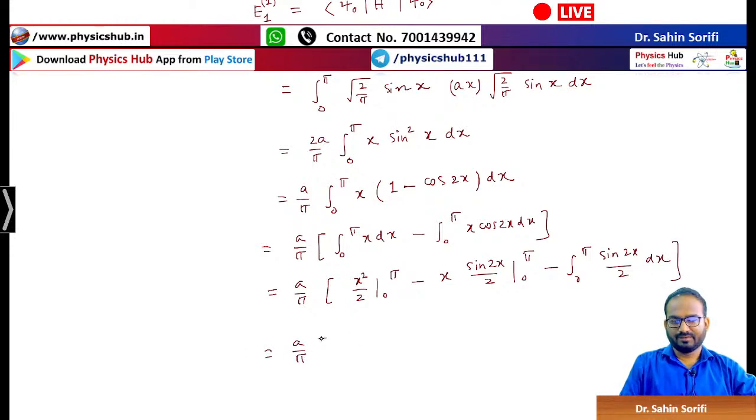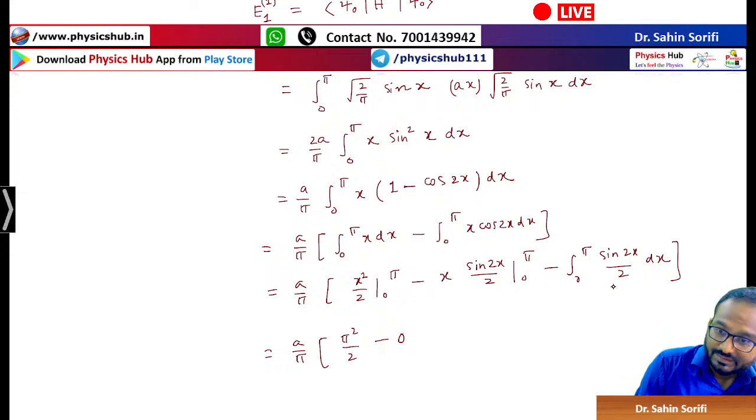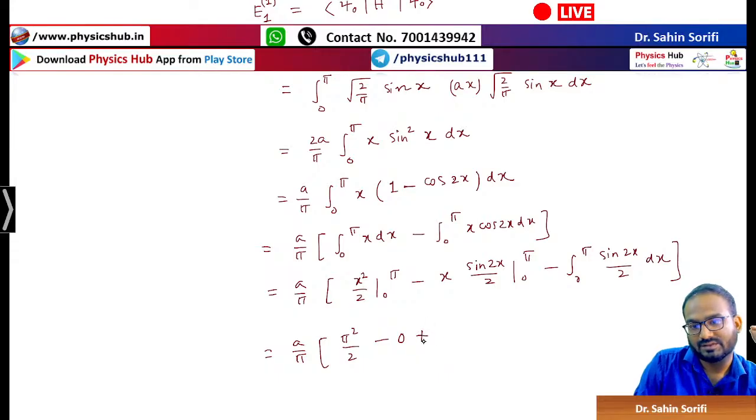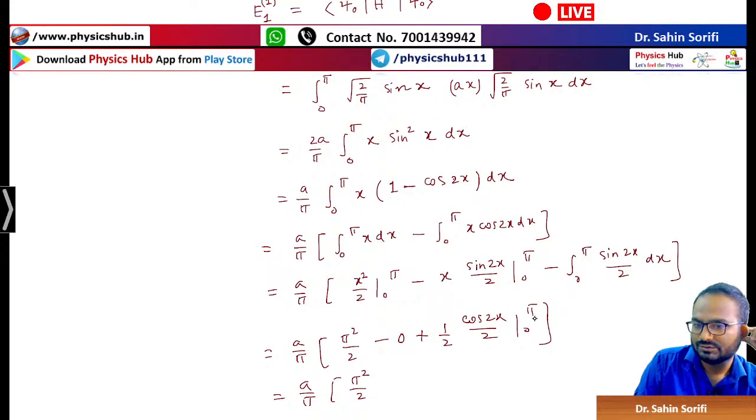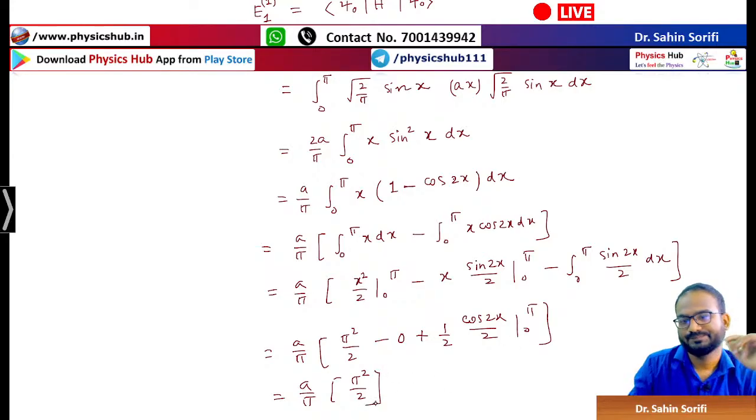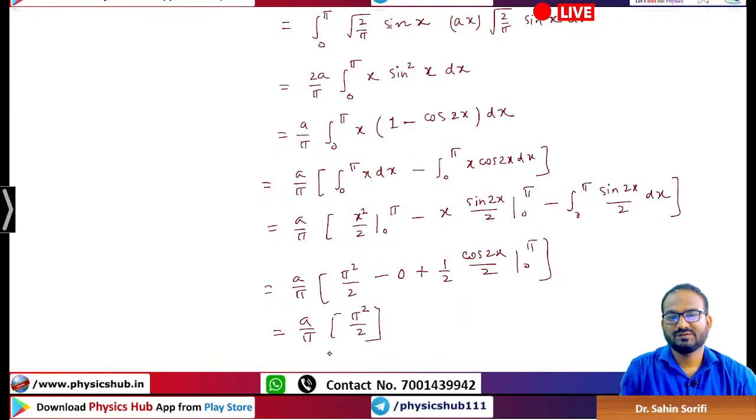A by pi, this is pi square by 2 minus this is sin 2 pi, so that is 0, and integration of sin is minus cos, minus minus plus half cos 2x by 2. So this is a by pi square by 2, and this is cos 2 pi is 1 minus cos 0, so that is 0. So this is nothing but a pi by 2.